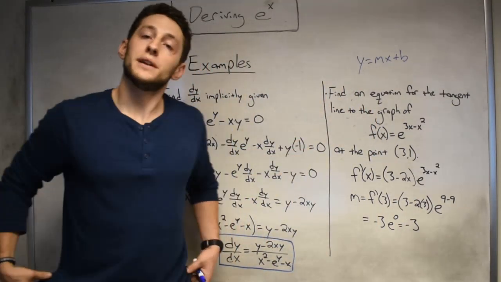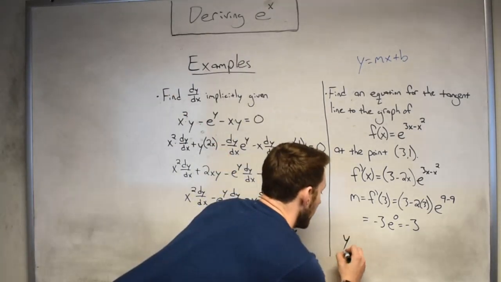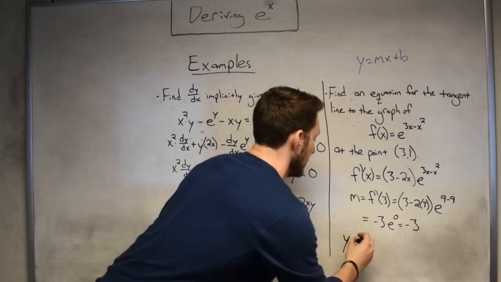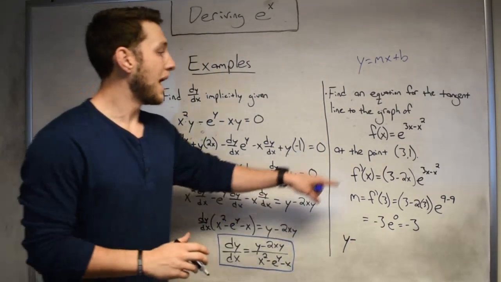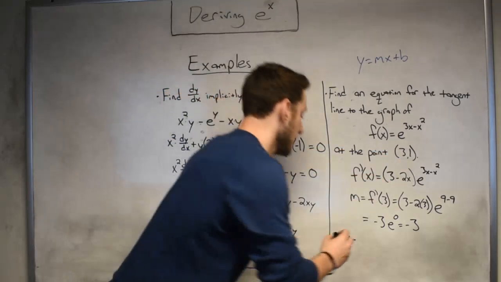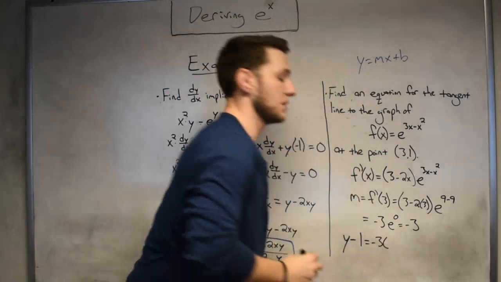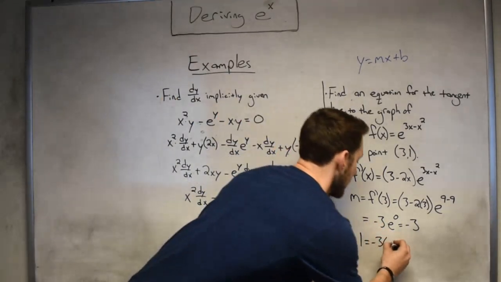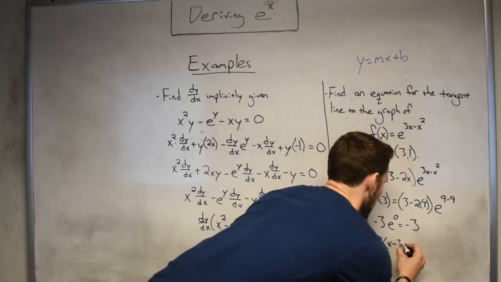From here, we use point-slope form. So last but not least, we have y minus y1 equals m times x minus x1. So y1 in this case, using our point, is 1, equal to m, negative 3, times x minus x1. x1 is positive 3.